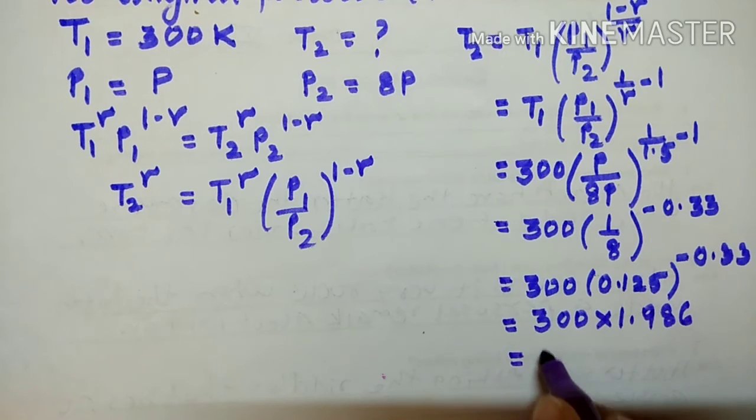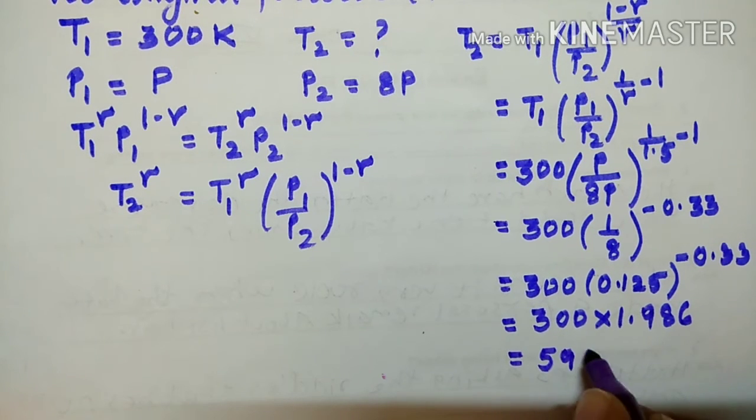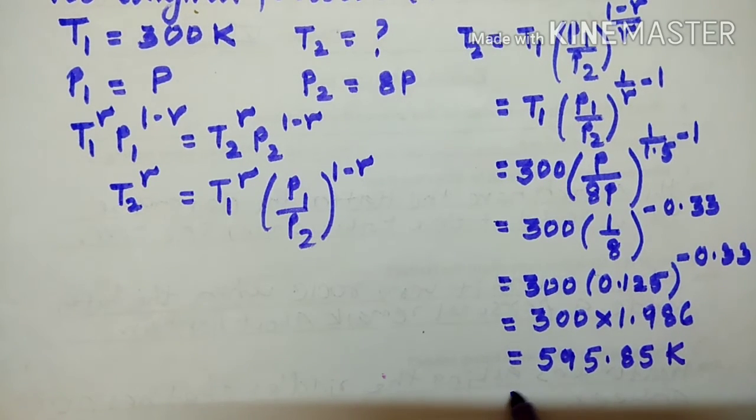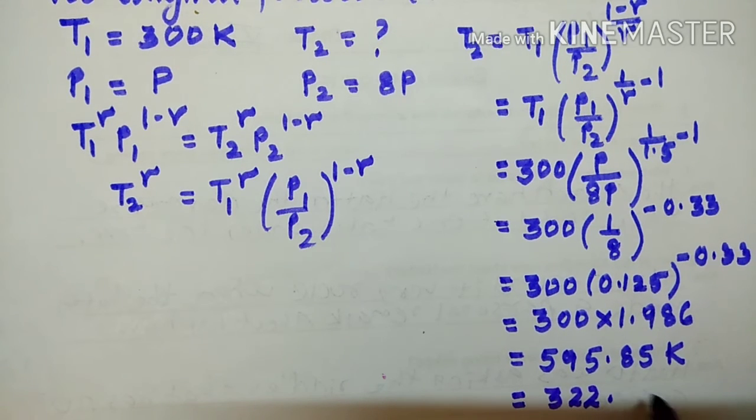So this comes as 595.85 Kelvin, and in Celsius it is 322.85 degree Celsius. So this is T2.